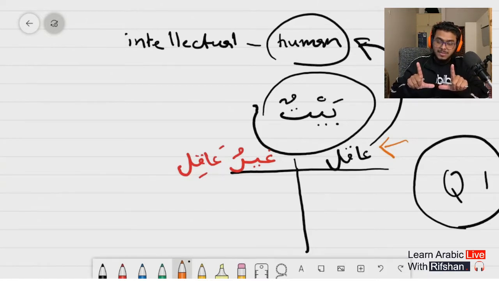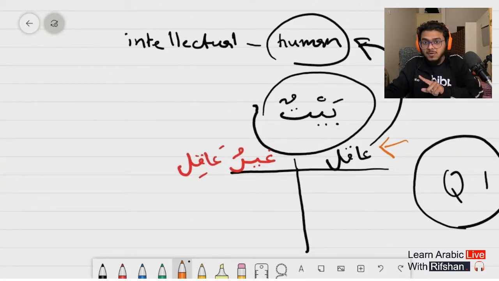For example, if I say bintun, or waladun, waladun means son, or a boy. Bintun means girl or daughter. Is bintun a human? Yes. So it is aqil. Is baitun a human? No. So it is ghayru aqil.